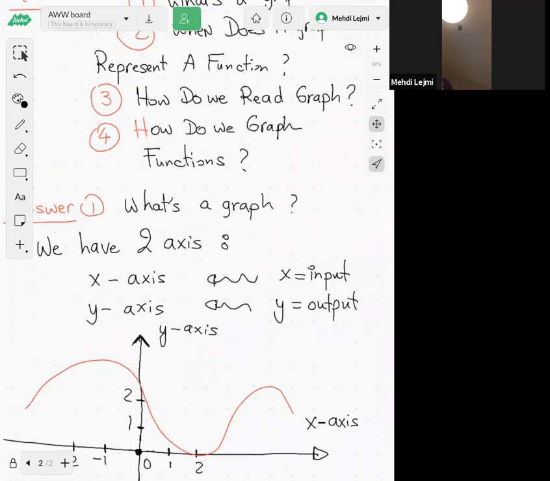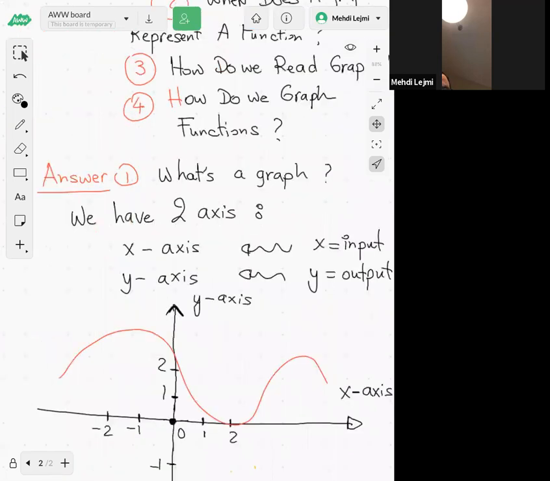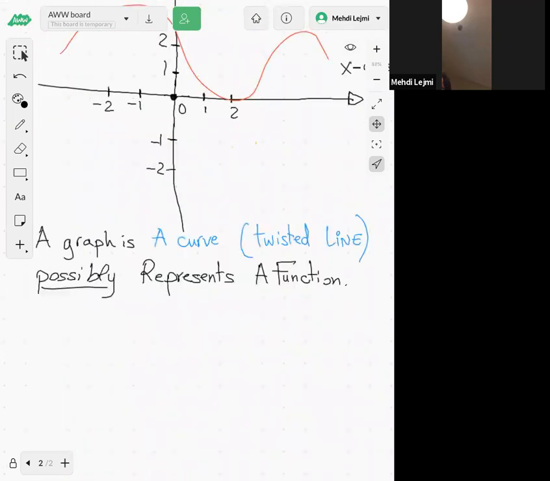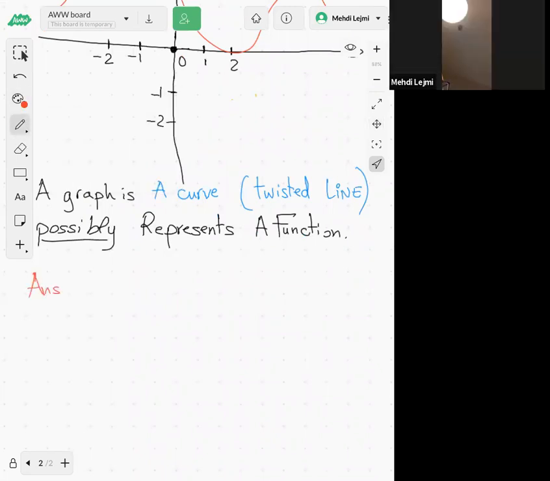And the next question is, when does a graph represent a function, right? So question number 2.